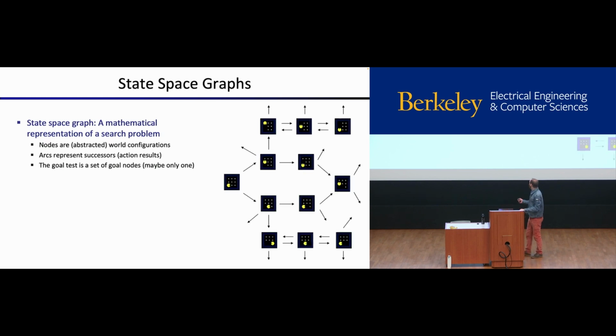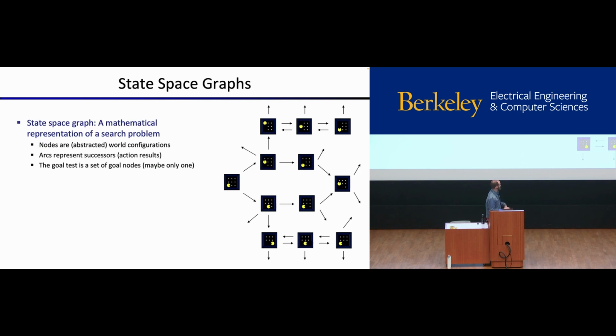So here's a diagram of a very small part of the state space graph for Pac-Man on this tiny 3x3 grid. So you can take the north action, and then this transforms to that. I think there are actually some mistakes in here, but I didn't bother to correct them.